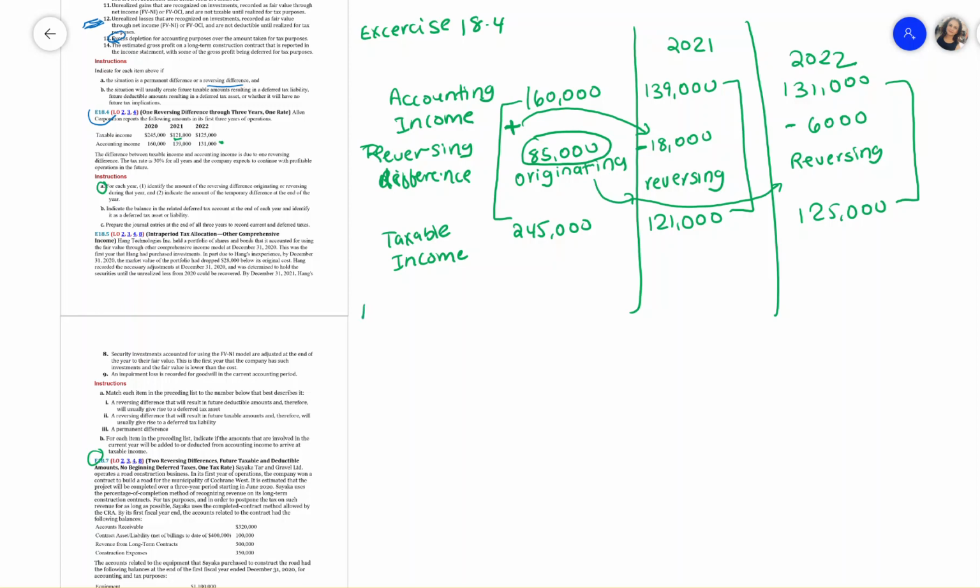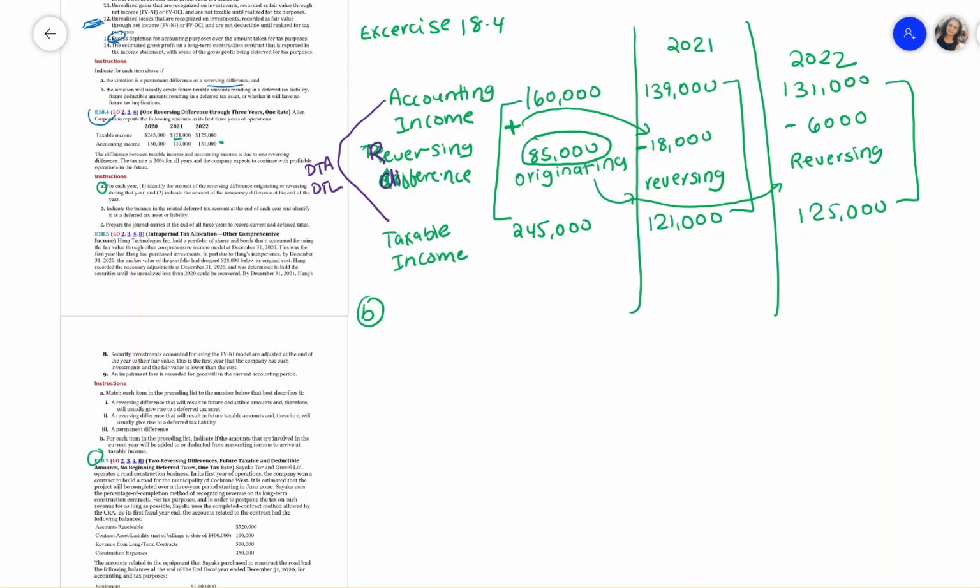So let's see what part B of the question is saying. Indicate the balance related to the deferred tax account at the end of each year, and identify it as a deferred tax asset or a deferred tax liability. Now we know the difference between the accounting income and taxable income is a reversing difference, not a permanent difference. If it's a reversing difference, it will create a deferred tax asset or a deferred tax liability.